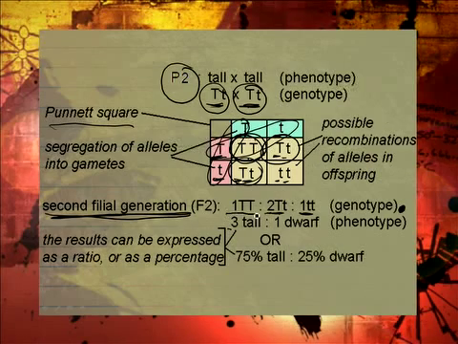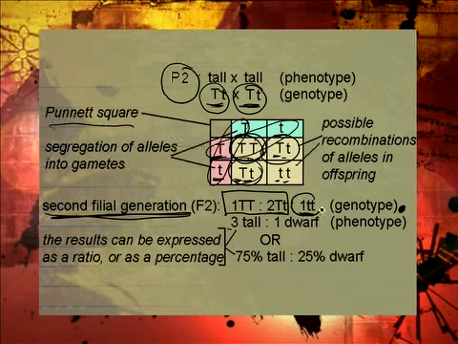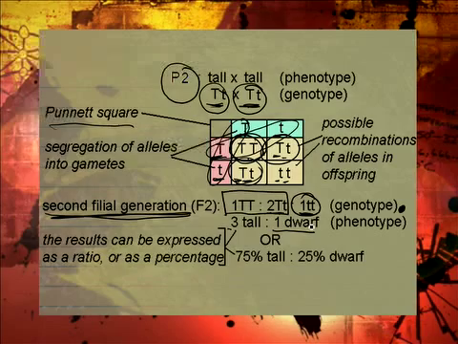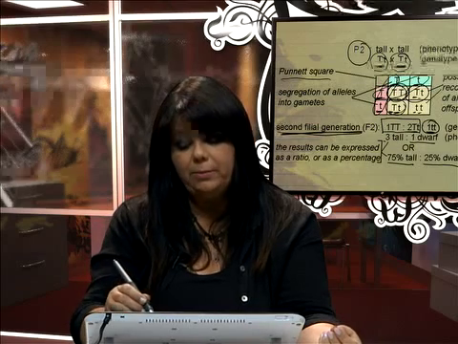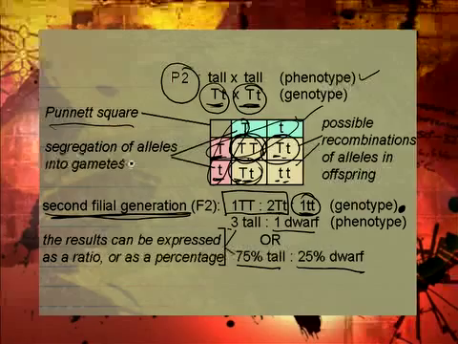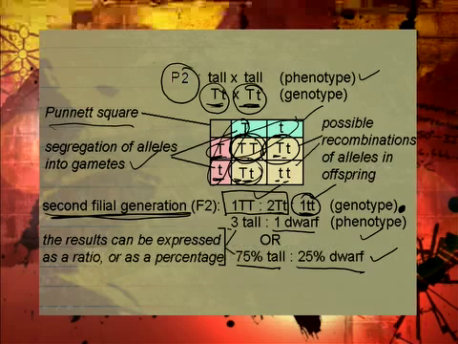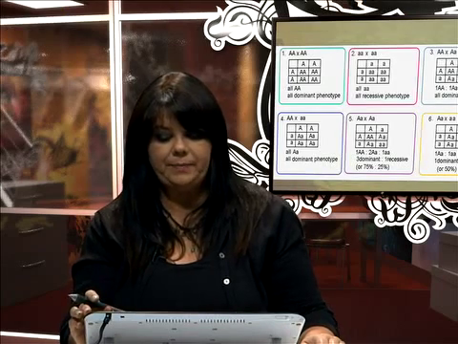We say that those individuals will all be tall due to the law of dominance, and this individual will be dwarf, which can translate into 3 tall to 1 dwarf, or 75% tall, 25% dwarf. And as I said earlier, remember that you will get a mark for each of these different steps that you show in your working out, not just for the answer at the end.